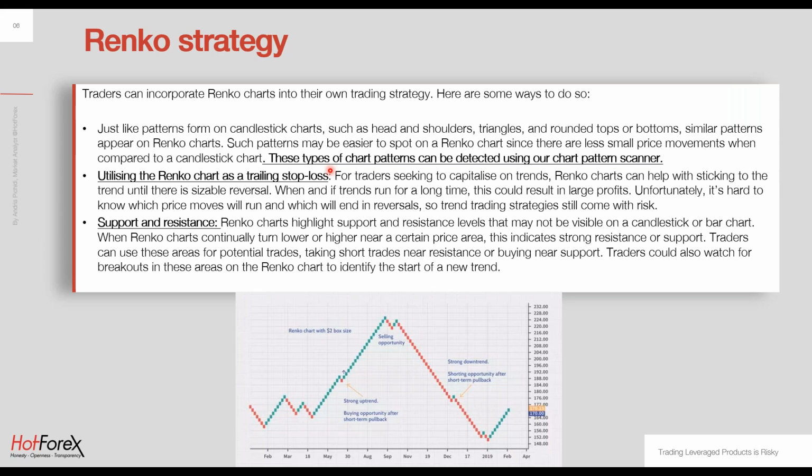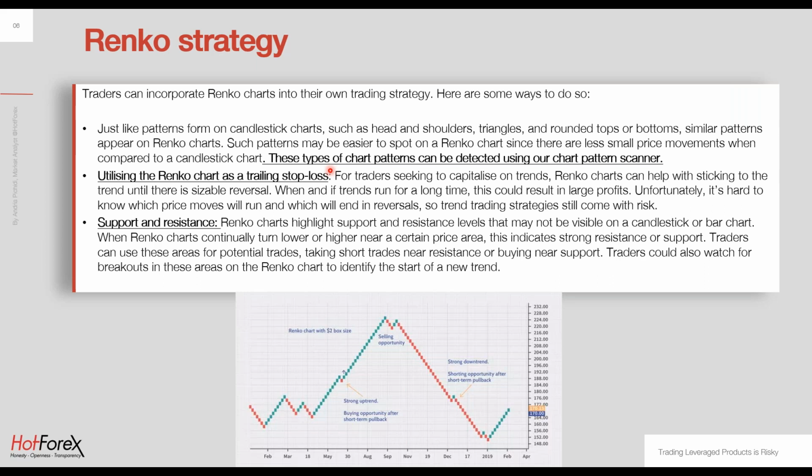So if you identify a head and shoulders formation by connecting Renko bricks, and the price turns below the neckline, then that's a bearish signal. If the bricks form a triangle, a rounding top or a rounding bottom, the same way you're using candlestick patterns, you can use them in Renko as well.